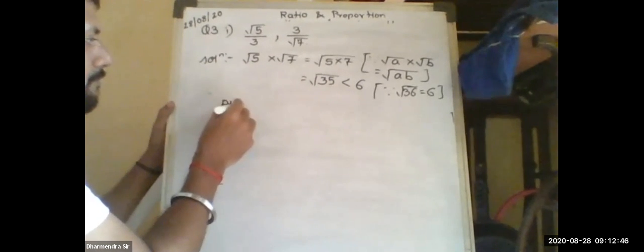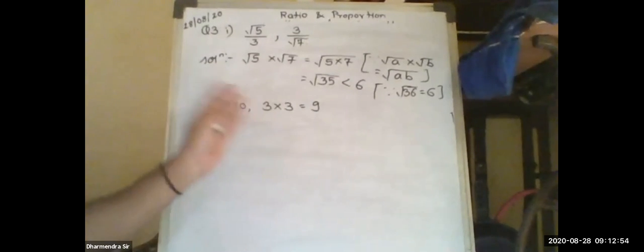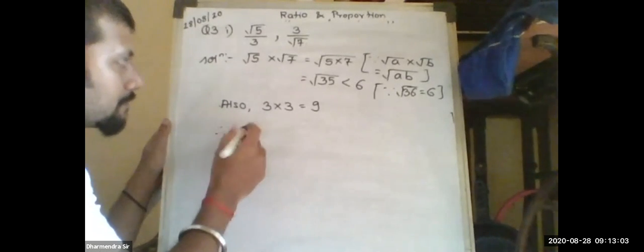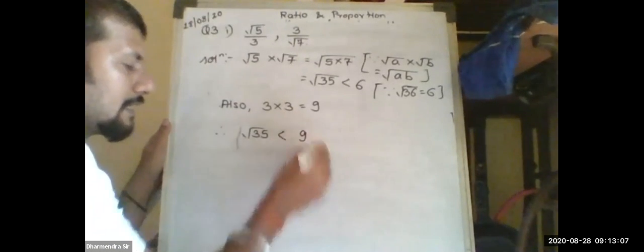And the second part also, 3 into 3, it is 9. So as this term is less than 6, by default it will be less than 9. So from here we can conclude that root of 35 is less than 9.